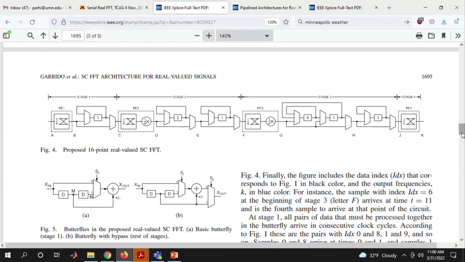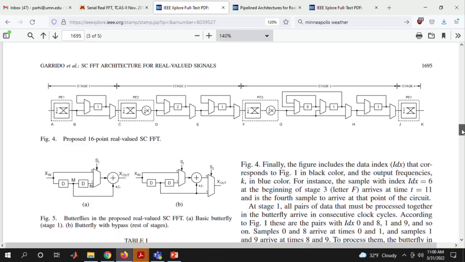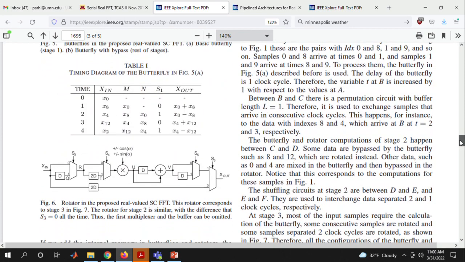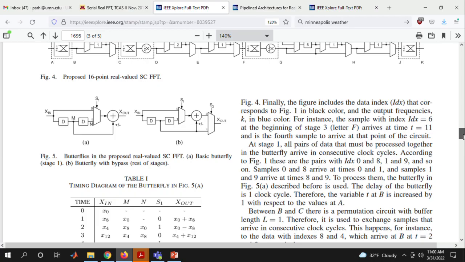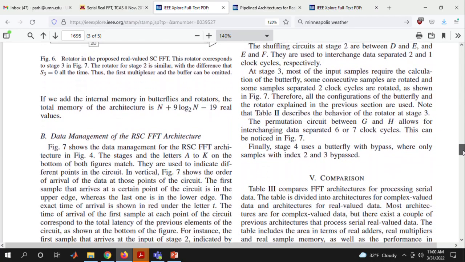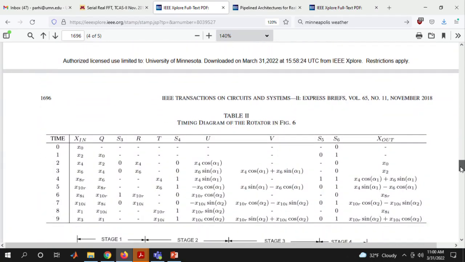Yeah, so it's far more complex, and this diagram shows the control bits S1. There are several control bits. This diagram has S3, S4, S5, S6. The diagrams in figure 5 have S1 and S2. So there are 6 control bits needed for that one.